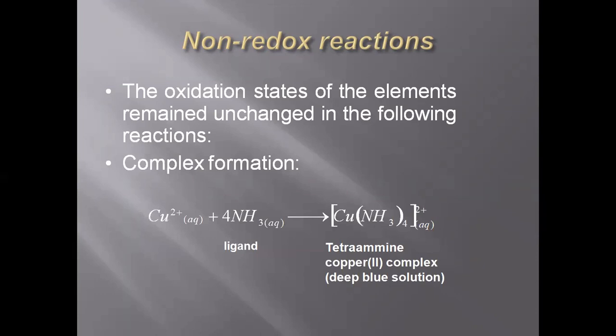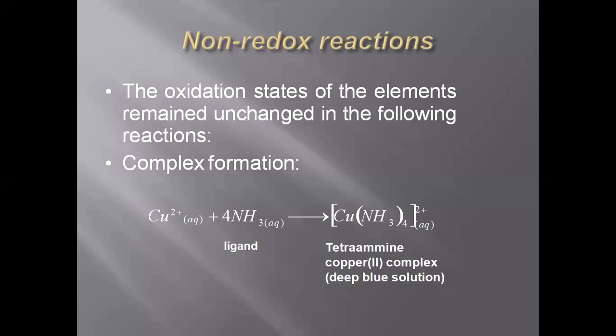Okay, next one is complex formation. What do you mean by complex formation? When two simple reactants combine together, they form a complex compound, a large compound. There will also be no change in the oxidation state, but your compound's state and properties will change.